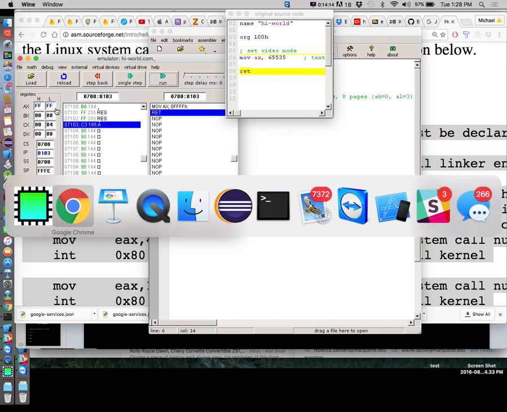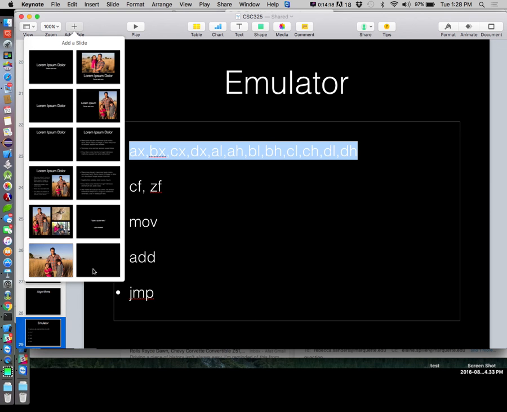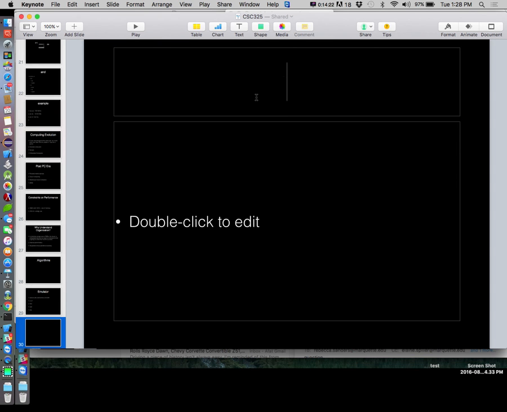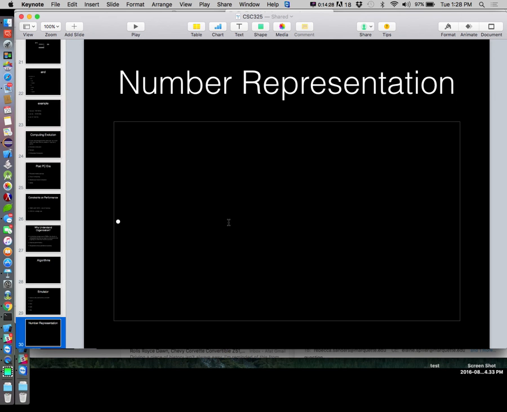So let's jump over here real quick. And let's look at number representation. All right, so let's deal with a 16-bit register here for a second. Now, when I say something's a 16-bit register, what does that mean?